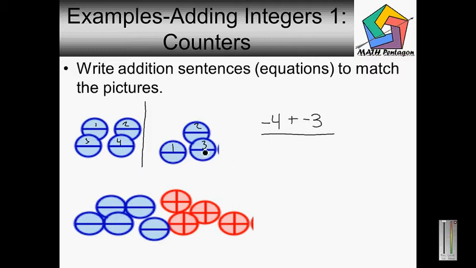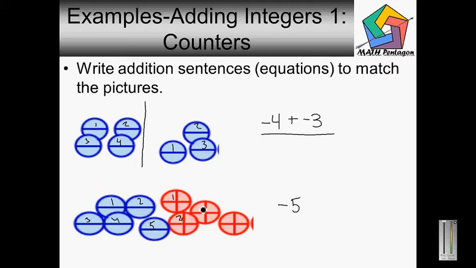The next picture we have is 1, 2, 3, 4, 5. We have 5 negatives, so it would be -5, since we have 5 circles that are negative. Now we just focus on the positive red circles.